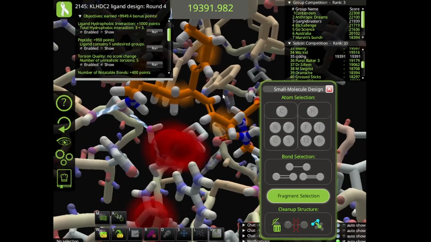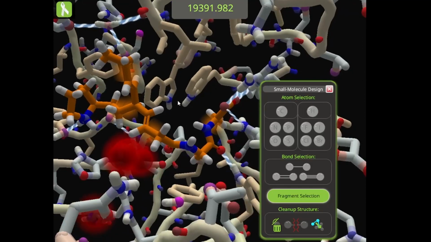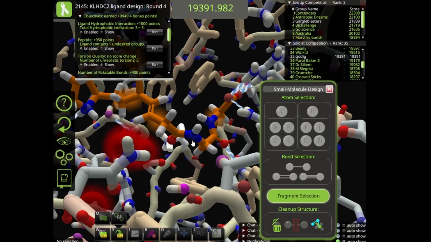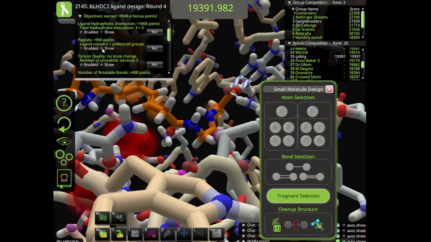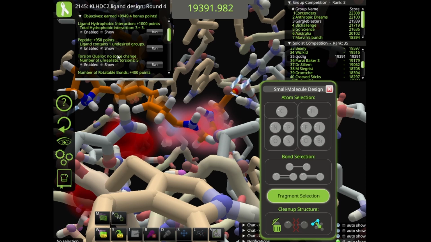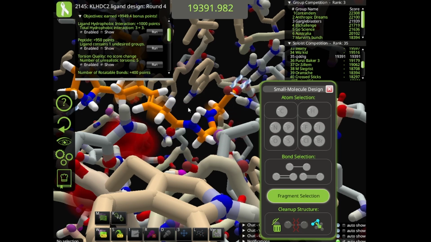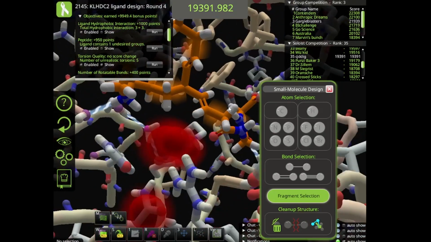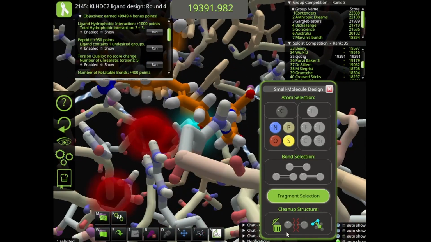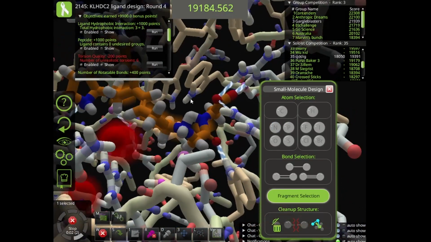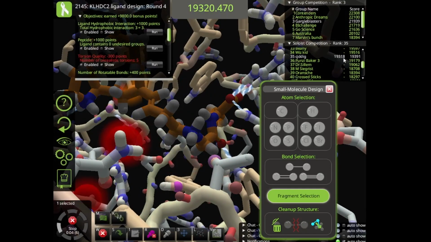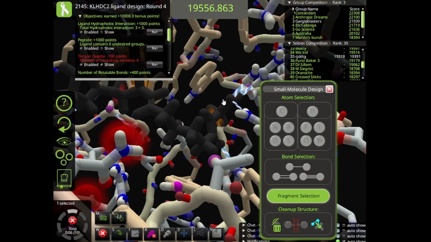Well, maybe I will remove this peptide. Oh, it worked.